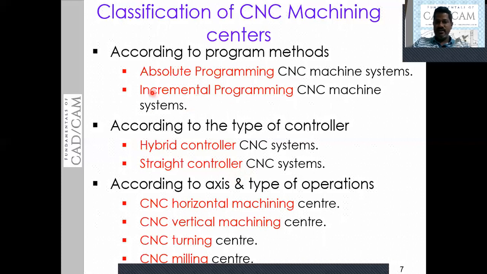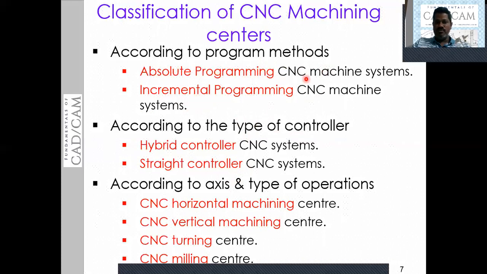Whereas in the case of incremental programming, the next point coordinates are specified according to the first point or the previous point. To specify the next point, the first point will be considered. This is what happens in incremental programming. So there are two types of programming methods: absolute programming and incremental programming.